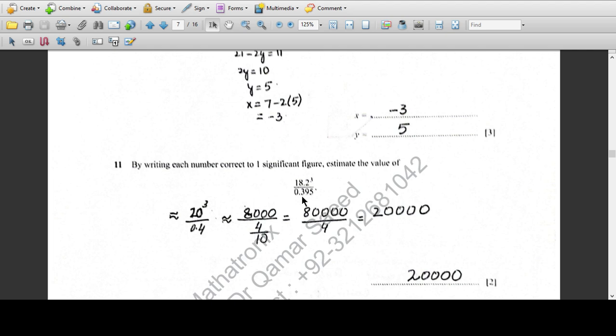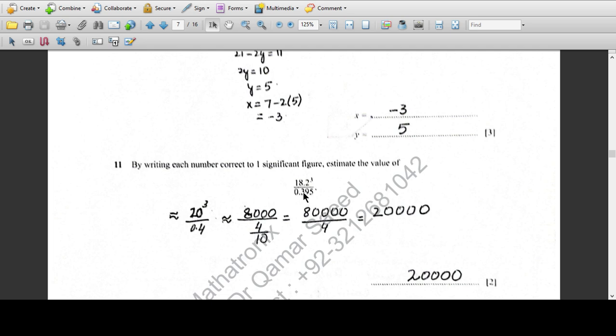By writing each number correct to one significant figure, estimate the value of 18.2 cubed divided by 0.395. We have to write 18.2 to one significant figure. So the rounded value of this 18 is 20. Here this 2 is the significant number. One significant figure is 2. So this is 20 cubed, and here we have 0.395.